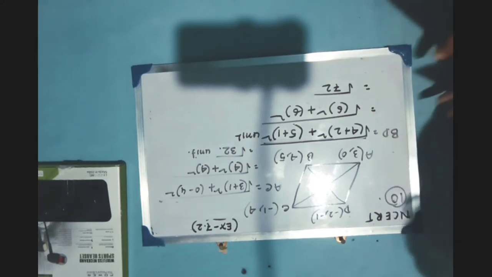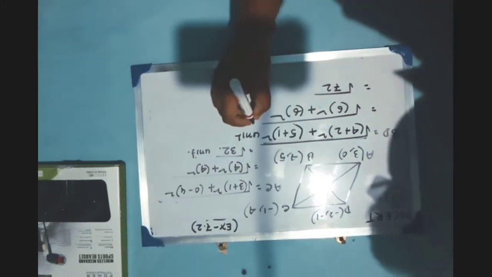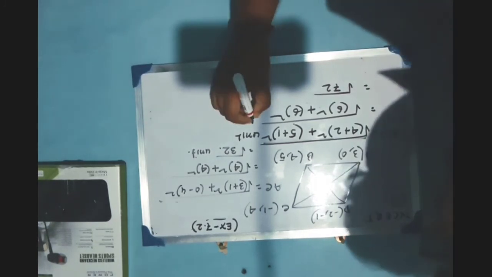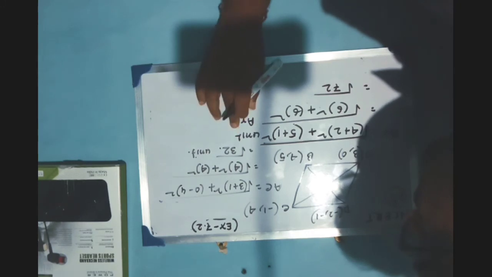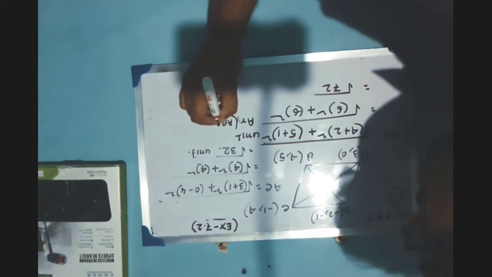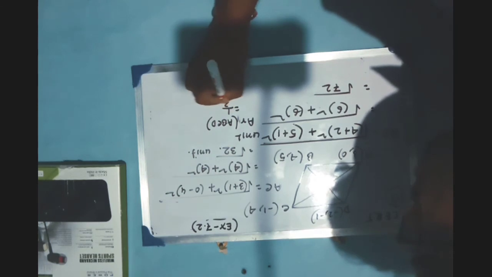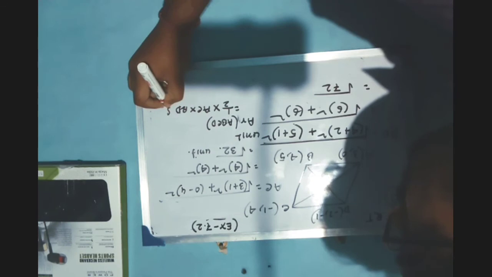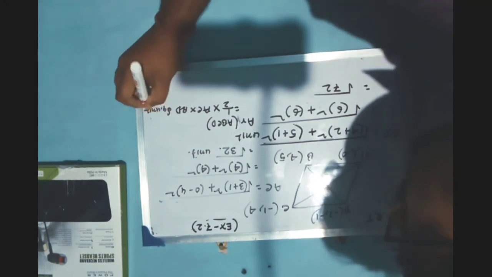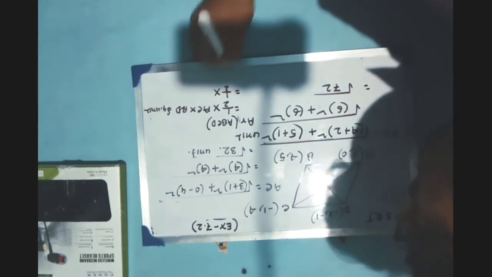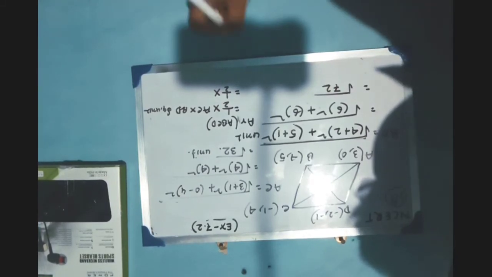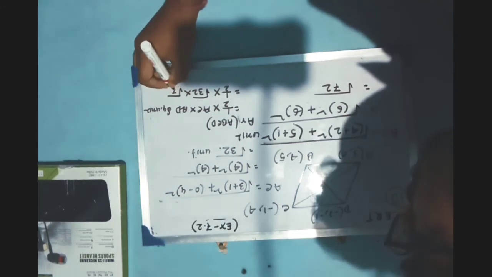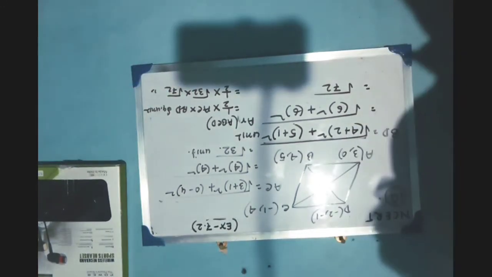Now we know that the area of a rhombus is half into the product of its diagonals. So area of ABCD equals half into AC into BD square units, which is half into root 32 into root 72 square units.